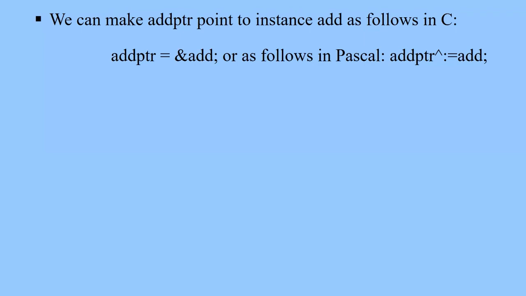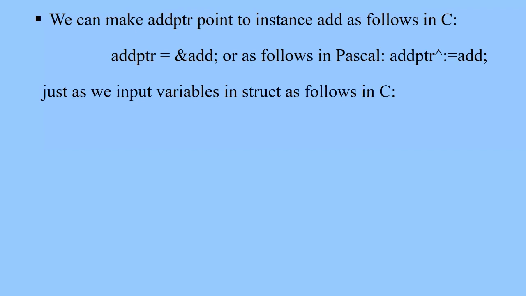That is in C, and you can do the same in Pascal, as you can see. So and pointer points to the memory location that is occupied by the record whose variable is and.